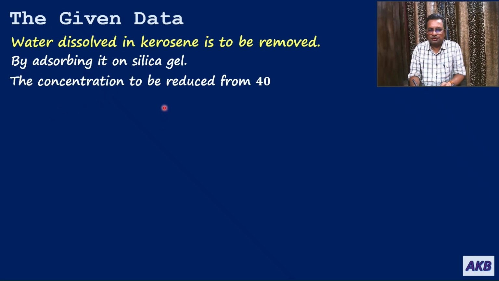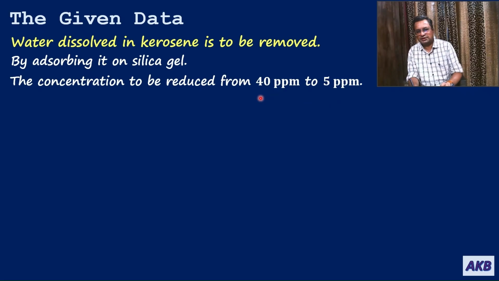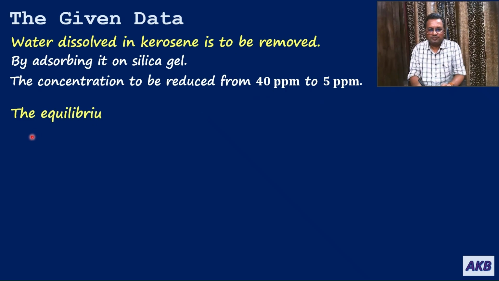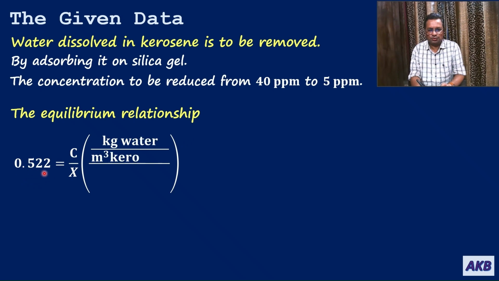The concentration of water in kerosene is to be reduced from 40 ppm to 5 ppm. The equilibrium relationship is given to us. It is 0.522, that is equal to capital C upon capital X. Capital C is defined in this way, capital X is defined in this way.